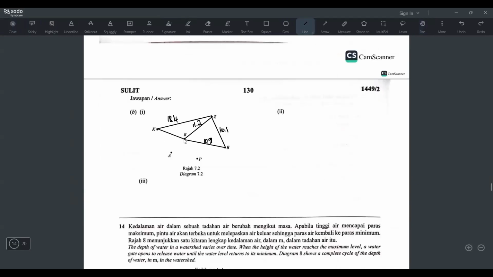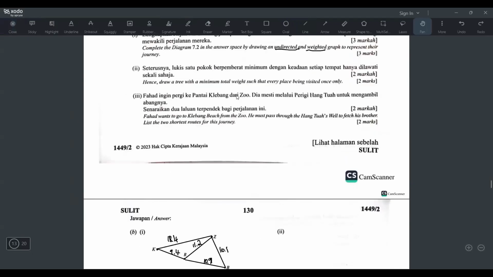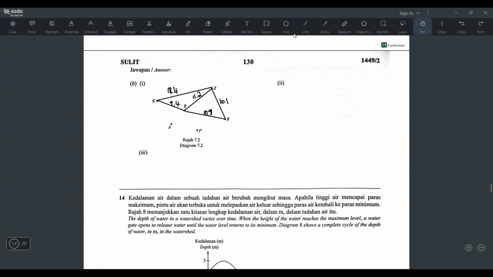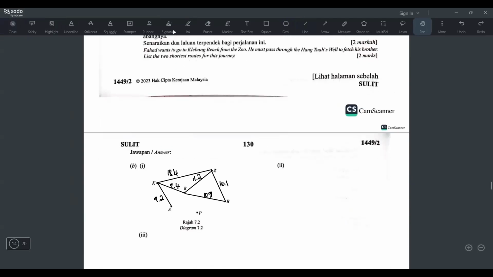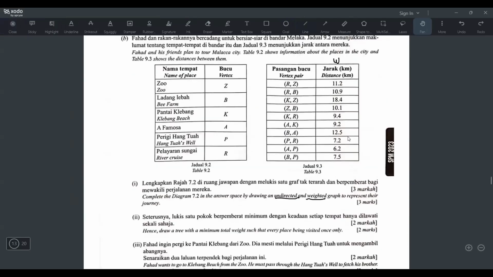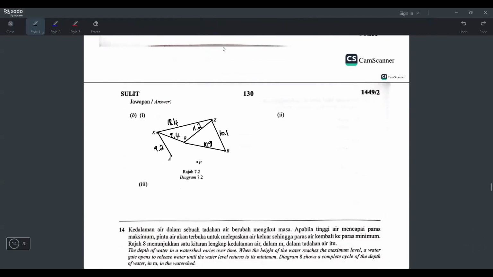K to R like this 9.4. So I'll write here 9.4. Okay, next. A to K 9.2. No need to put arrow because it's not directed graph. Okay, apa tadi? A to K 9.2. Okay, B to A 12.5.